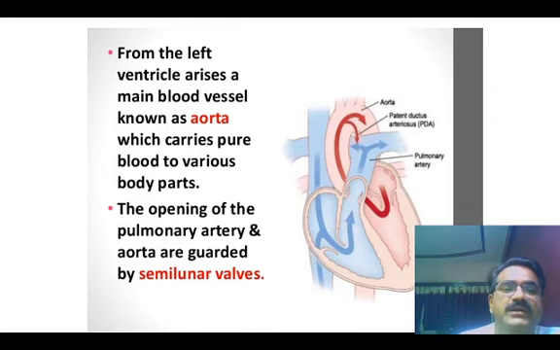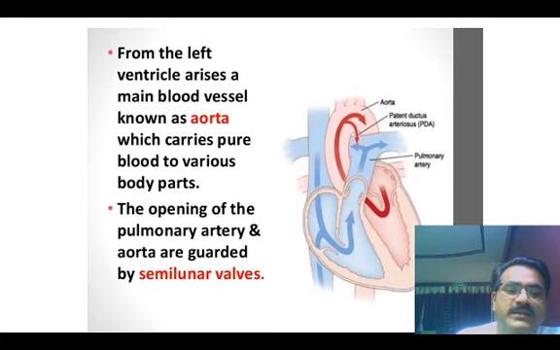From the left ventricle arises a main blood vessel known as the aorta, which carries pure blood to various body parts. The dorsal aorta supplies pure blood to the different parts of the body.